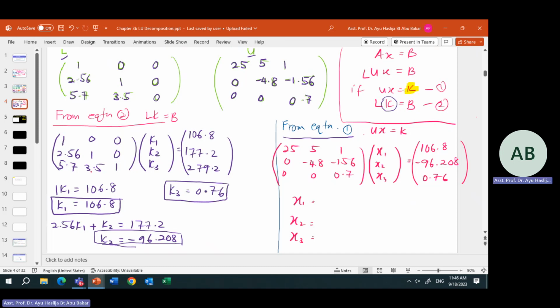Try to check back your calculation. Okay, I think there is a typo here. This one should be 1. The diagonal should be 1. So 5.7 K1 plus 3.5 K2 plus K3 equals 279.